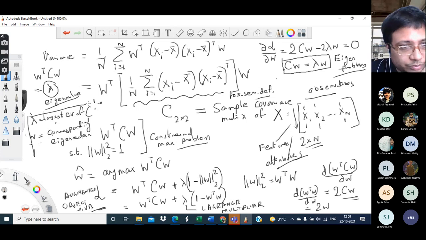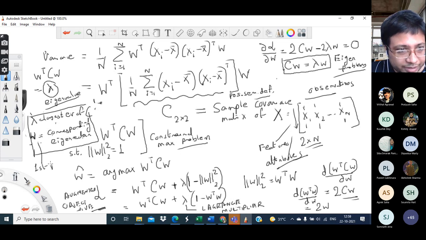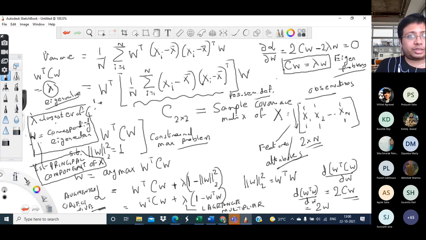This W is also sometimes called the first principal component of X. What is X? X is my data matrix. So this kind of analysis is known as principal component analysis.